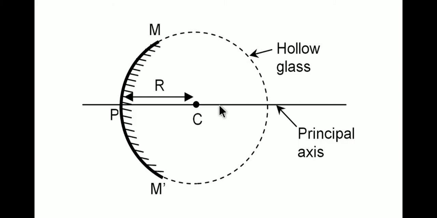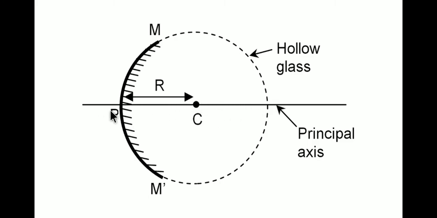In the book, the principal axis is defined as the straight line which passes through the center of the mirror towards the center of curvature.